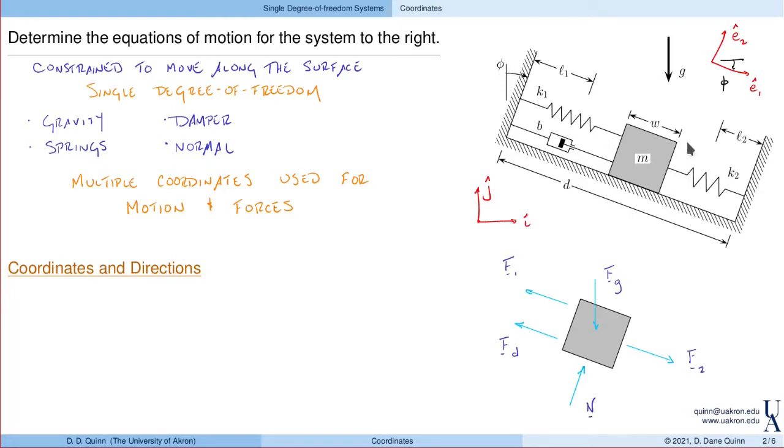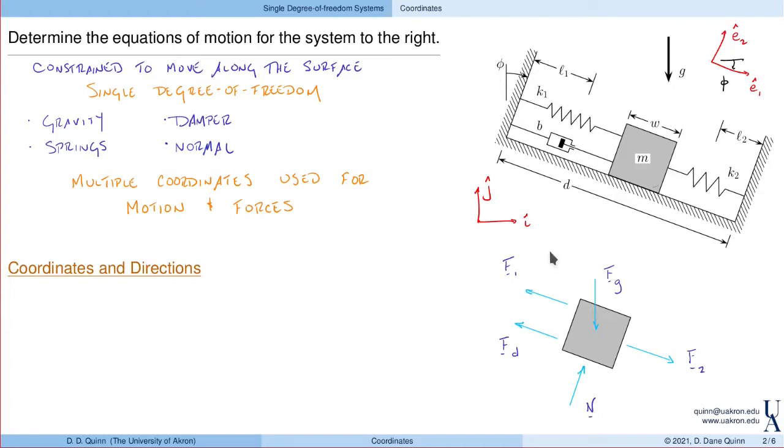So here the motion is only in the E1 direction, while gravity is in the j direction, for example. These forces are also in the E1 direction. This normal force is going to be in the E2 direction. So most of these forces are really naturally expressed in the E1 and E2 directions. So that's what we're ultimately going to do.